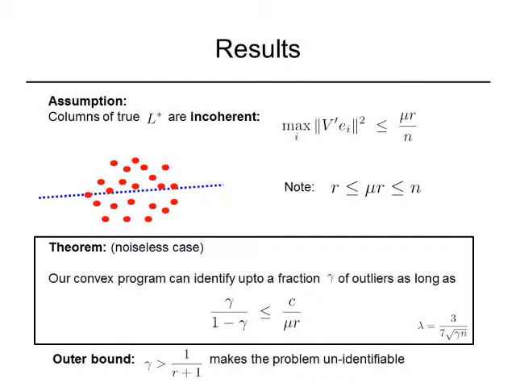And this is the main theorem that we get. Basically it says that the fraction of outliers that we can tolerate cannot be larger than some universal constant divided by the rank and by the incoherence parameter, the parameter that measures the incoherence of the V space. So as long as you don't have too many outliers, it should be fine.